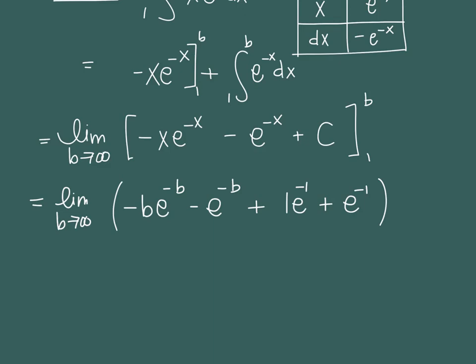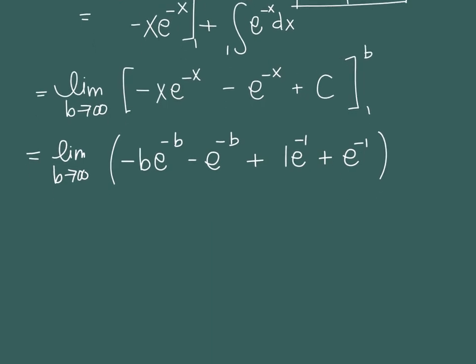When I put infinity on the b, I get e to the negative infinity for both of them. This is 0, that's 0, because when you put infinity, e to the negative infinity is 0, because the exponent is higher.